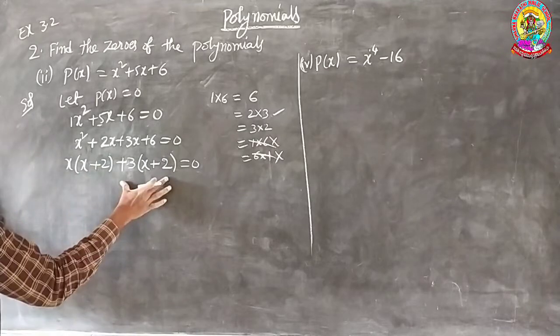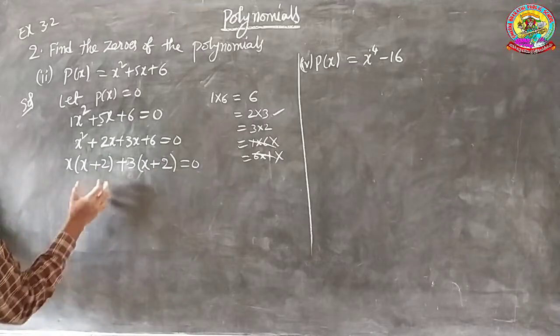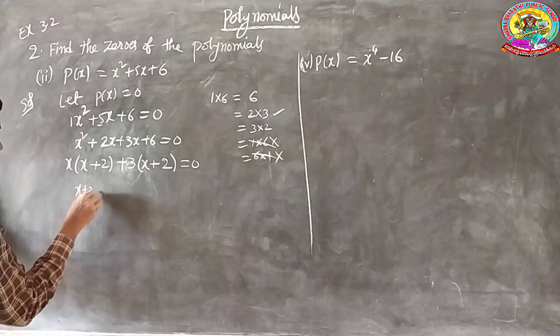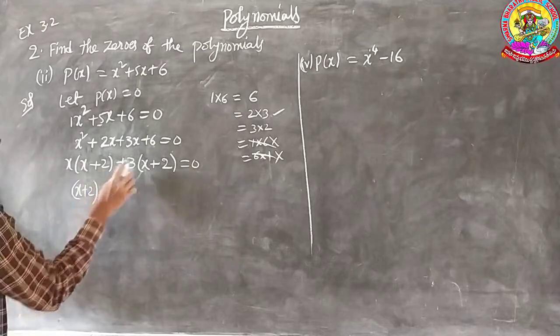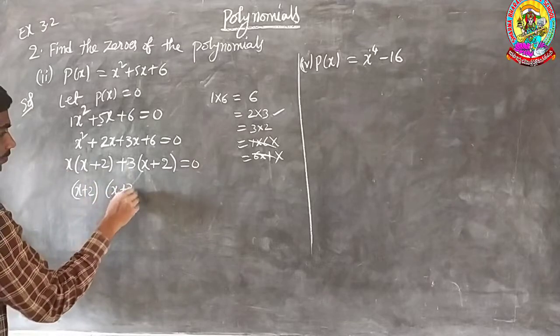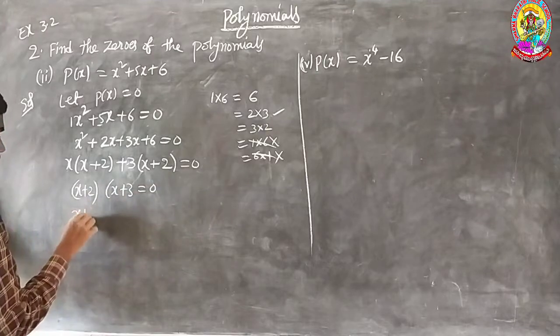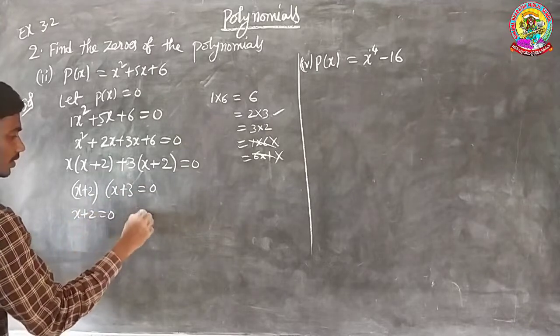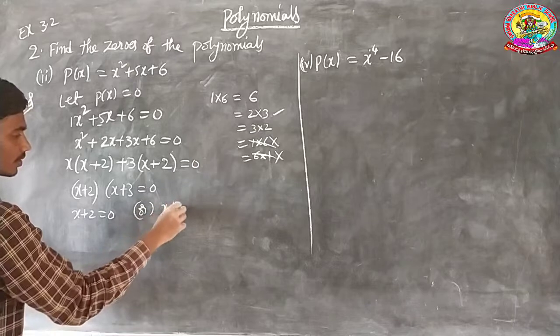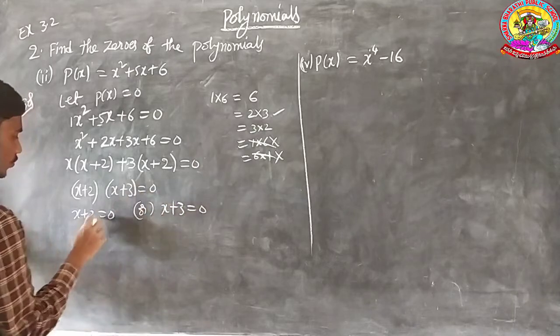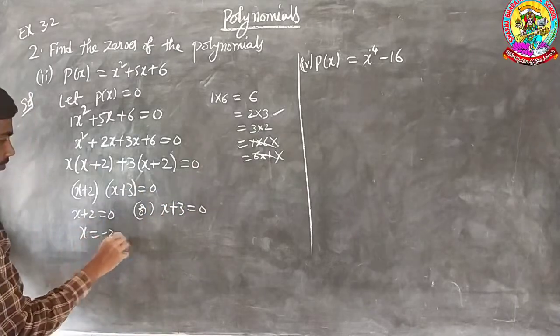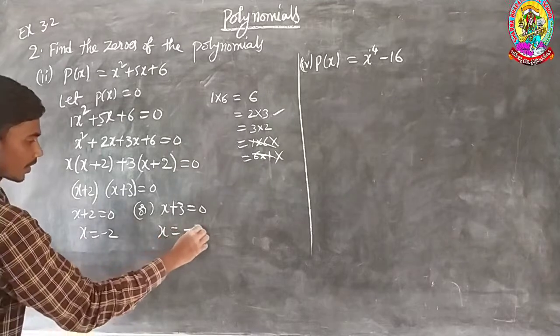Now from this entire equation, x plus 2 is the common term. If you take x plus 2 as common, the remaining one is x plus 3. Either x plus 2 is equal to 0 or x plus 3 is equal to 0. So x is equal to minus 2, x is equal to minus 3.